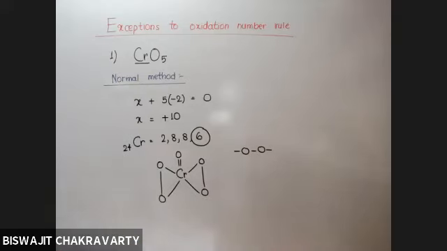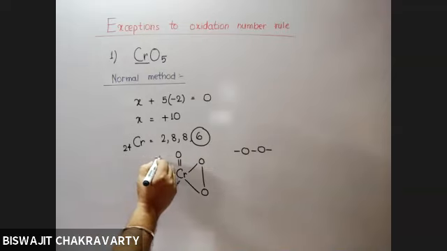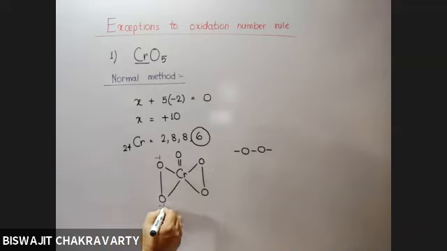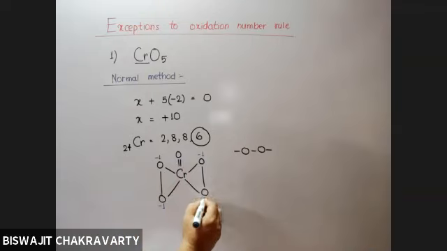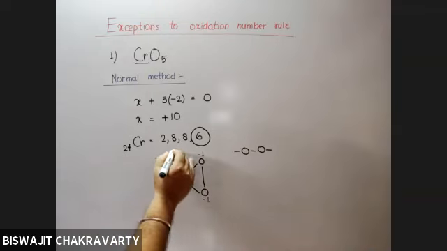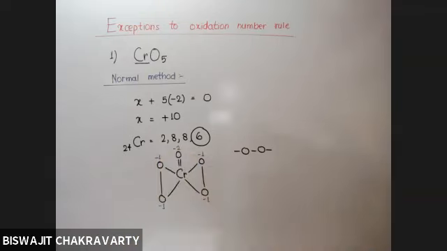Now go to the rule for oxygen, where we have discussed that for peroxo linkaged oxygen, what should be the oxidation state taken for oxygen? -1. That means these oxygens are not to be given as -2, as they are peroxo linkaged oxygen. Only this oxygen is normal oxygen, so it should be -2.